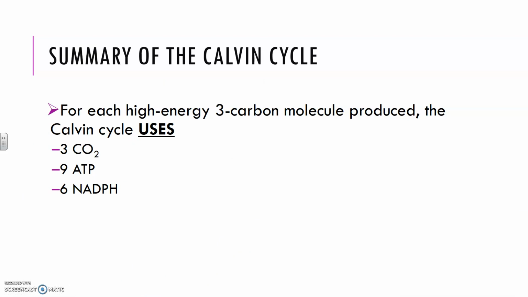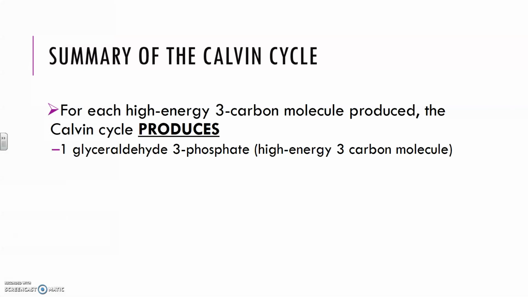Now for each one that is produced, the Calvin cycle will produce that high energy 3-carbon molecule. It's actually called glyceraldehyde 3-phosphate, or G3P. It's going to produce 9 ADP because it's using up 9 of those ATPs, and then it's going to release 8 phosphate groups.